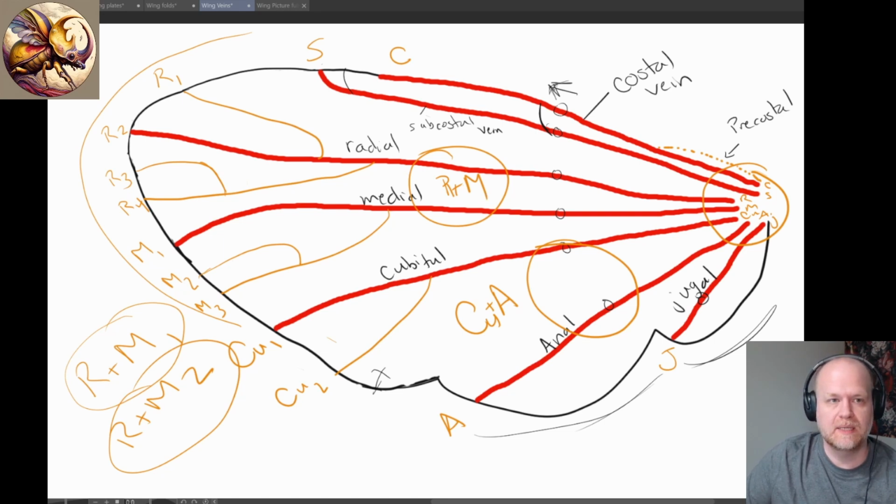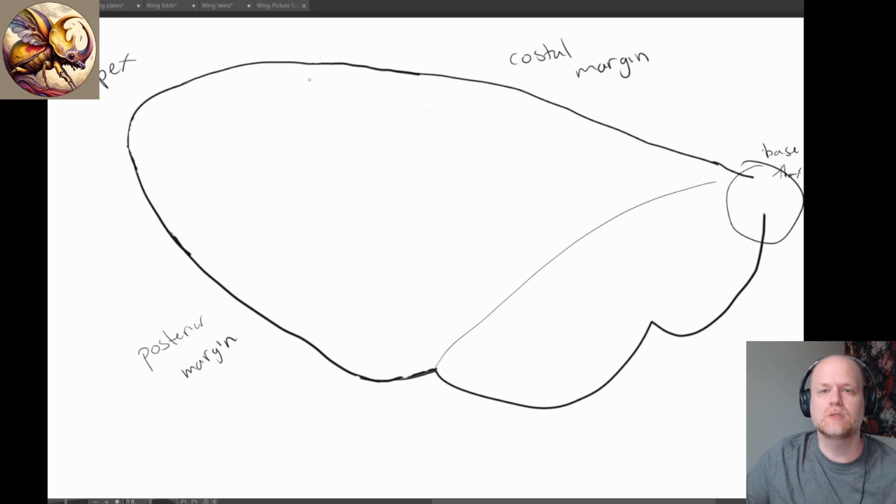Wings, if we go back to the blank wing, anterior and posterior wings, generally have some sort of mechanism to keep them beating in unison and increase how aerodynamic the insect is, decreasing the amount of calories that get burned as the insect is flying, because insects don't have tons of body fat, so they need to be very, very efficient with their flight.